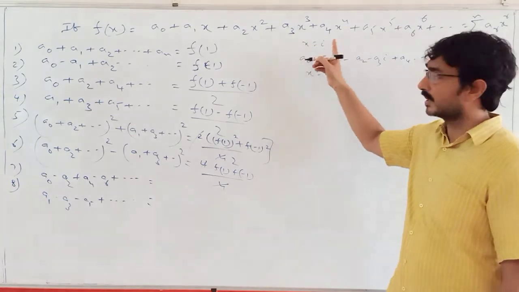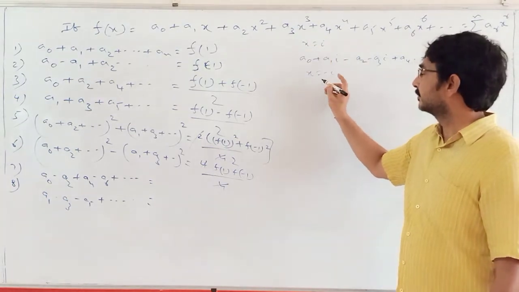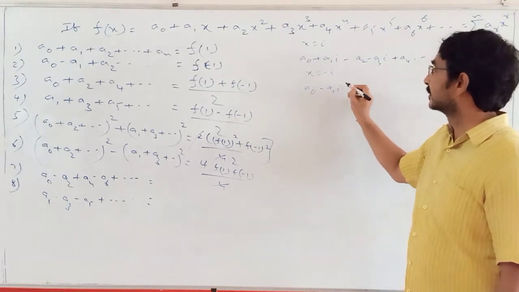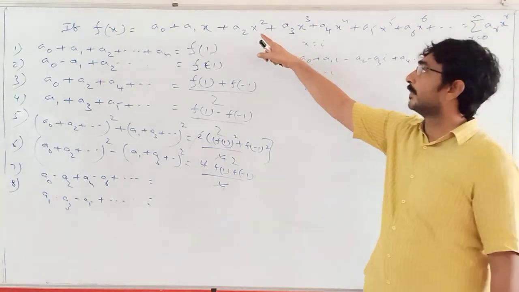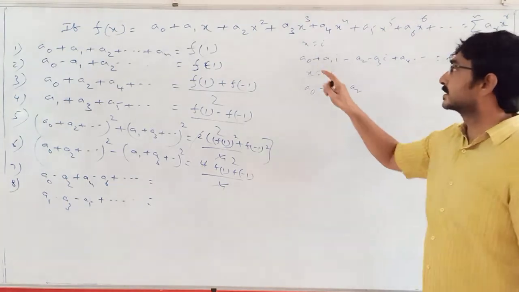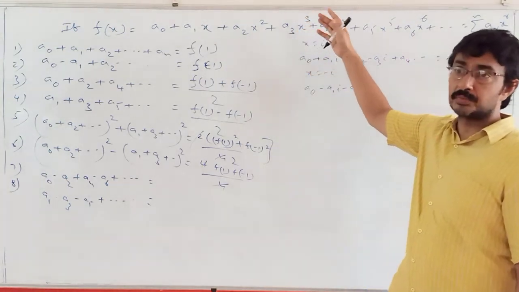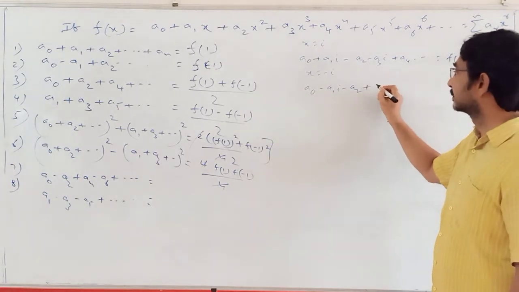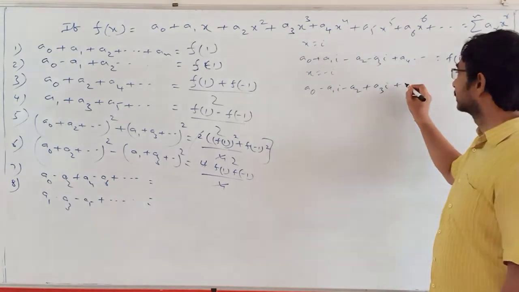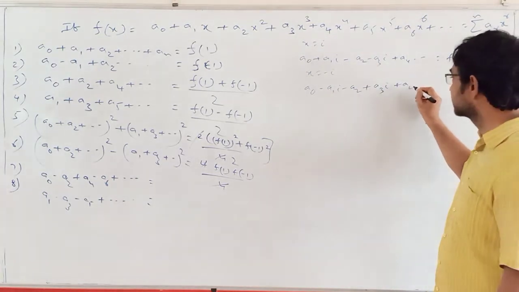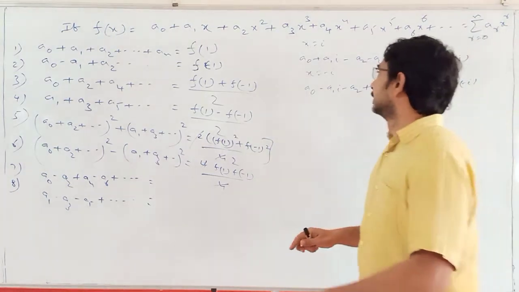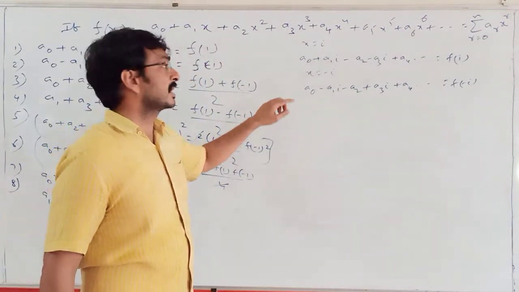So on the right hand side, by keeping x equal to minus i, a0 minus a1 i, minus i whole square is also minus 1, next minus i whole cube, minus of minus i, plus a4 i power 4, value 1, minus i whole power 4 is also 1 because it is an even power, equal to f of minus i.